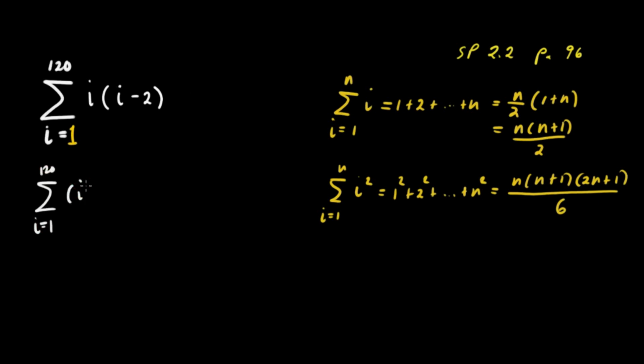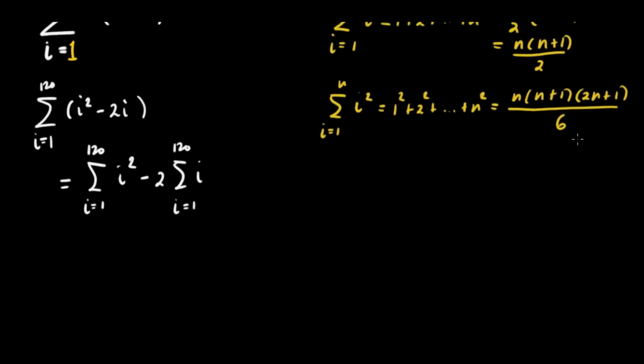So you have i squared minus 2i. And then applying property number 2, I think, we have the summation of i squared as i runs from 1 to 120 minus 2. We can factor out 2 na. Property number 1. Summation of i as i runs from 1 to 120.